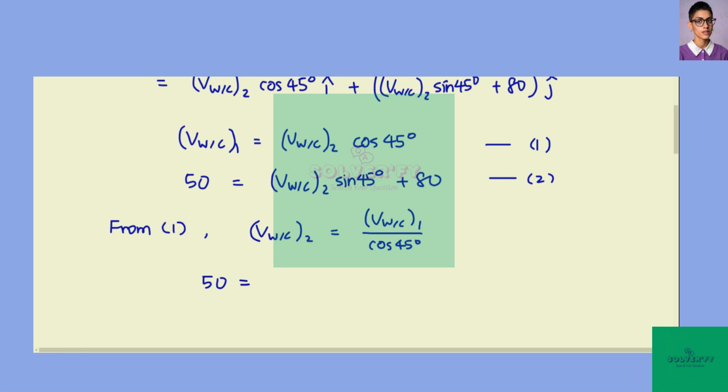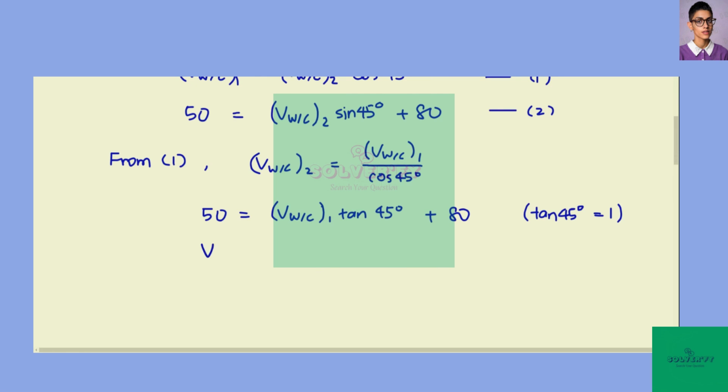We have 50 equals V_W/C1 tangent 45 degrees plus 80. Then recall that tangent 45 degrees equals 1. So V_W/C1 is equal to minus 30 kilometers per hour.